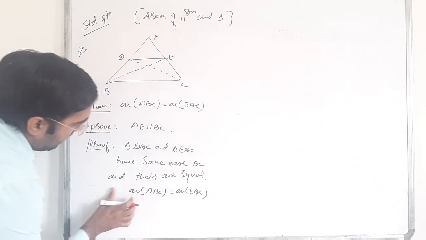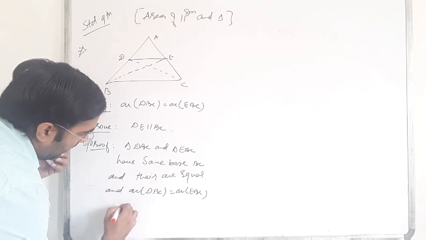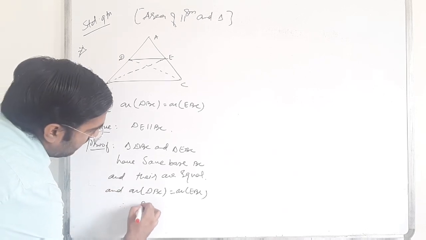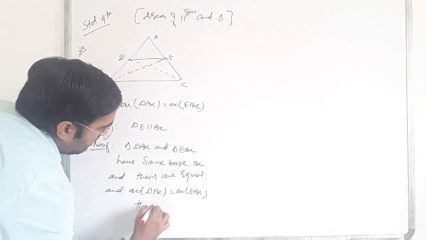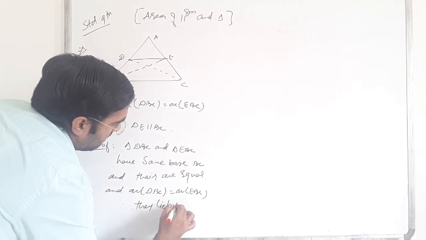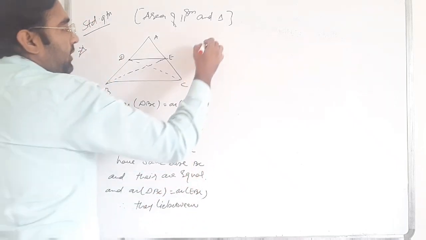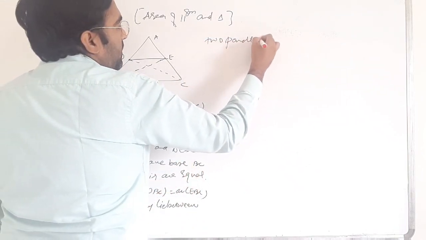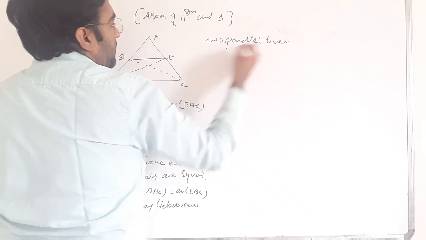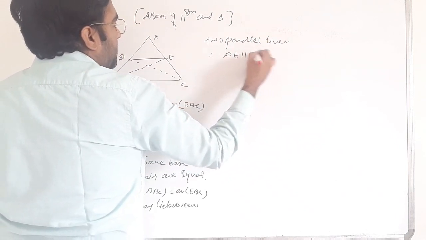So therefore we have to say that they lie between two parallel lines. Therefore DE is parallel to BC.